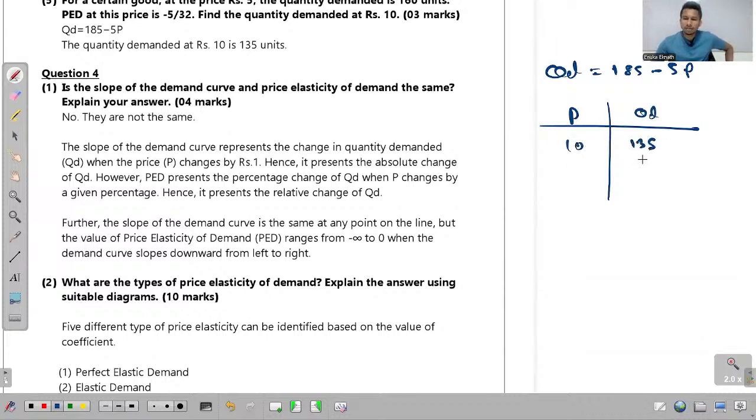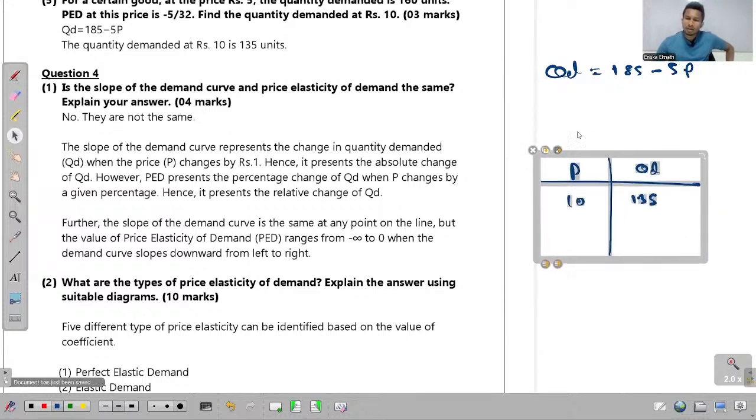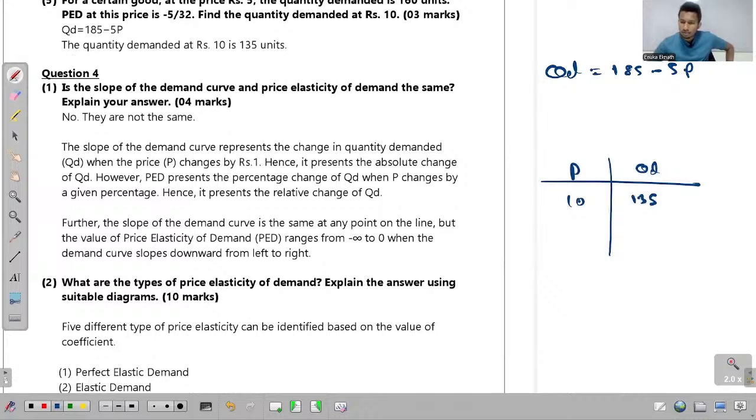We found that earlier, right? So what does this 5 mean? What is this 5? 5, if not this slope, is the change in demand when price changes by 1 rupee.